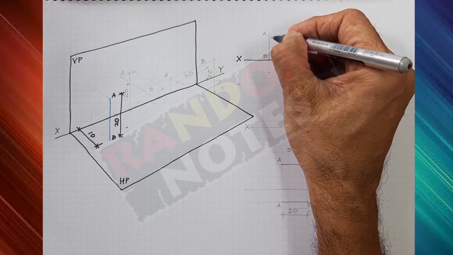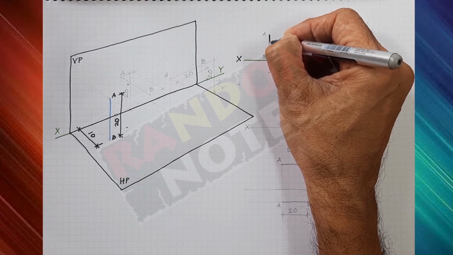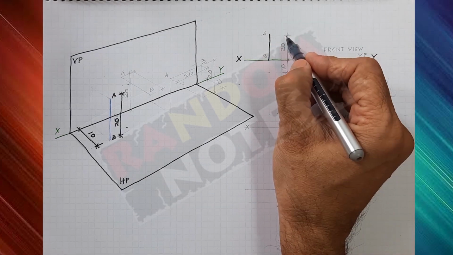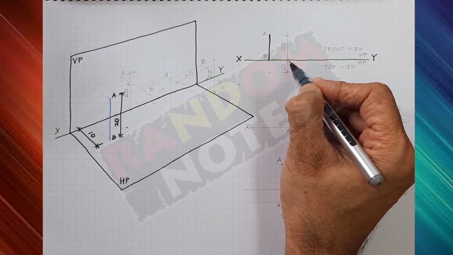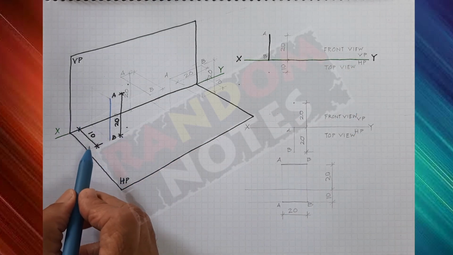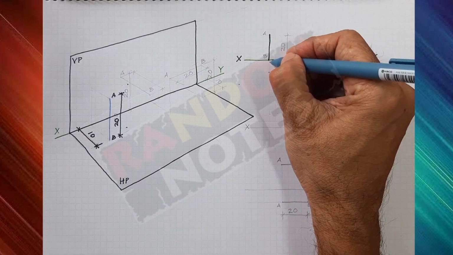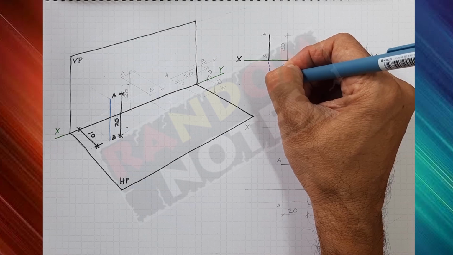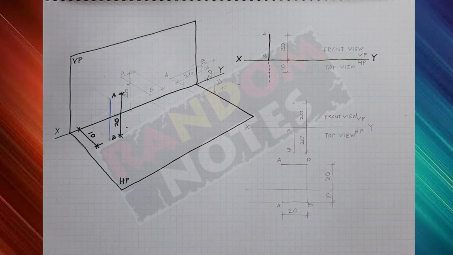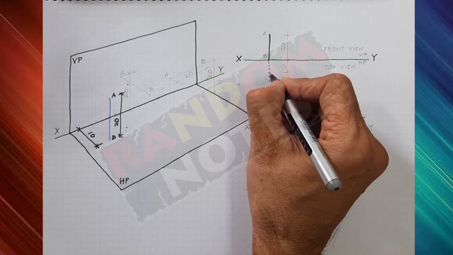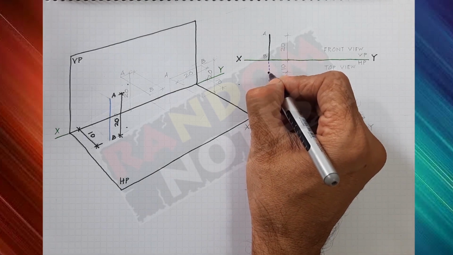I will make a line perpendicular to the horizontal plane, which is 20 mm away from this thing. Then I will take the projection from here and at a distance of 10 mm I will make this point.